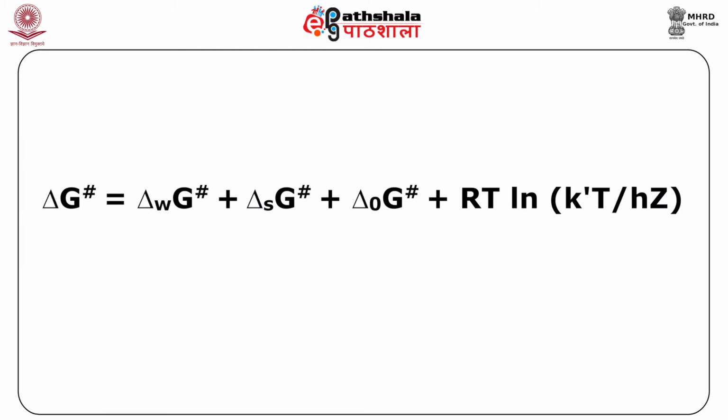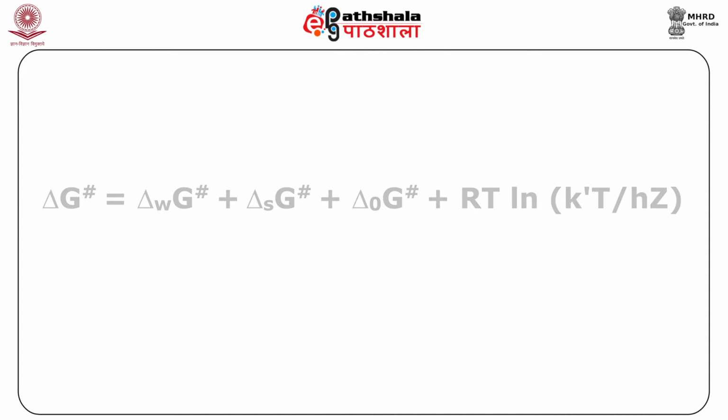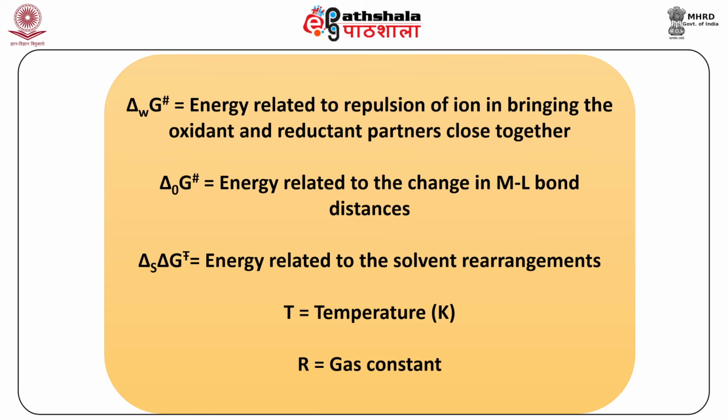The Gibbs free energy of activation, symbolized by delta G‡, is given by the equation: delta G‡, the free energy of activation, is equal to delta Wg plus delta Sg plus delta Og plus RT ln kT/hZ. Now delta Wg is the energy related to repulsion of ions in bringing the oxidant and reductant partners close together.